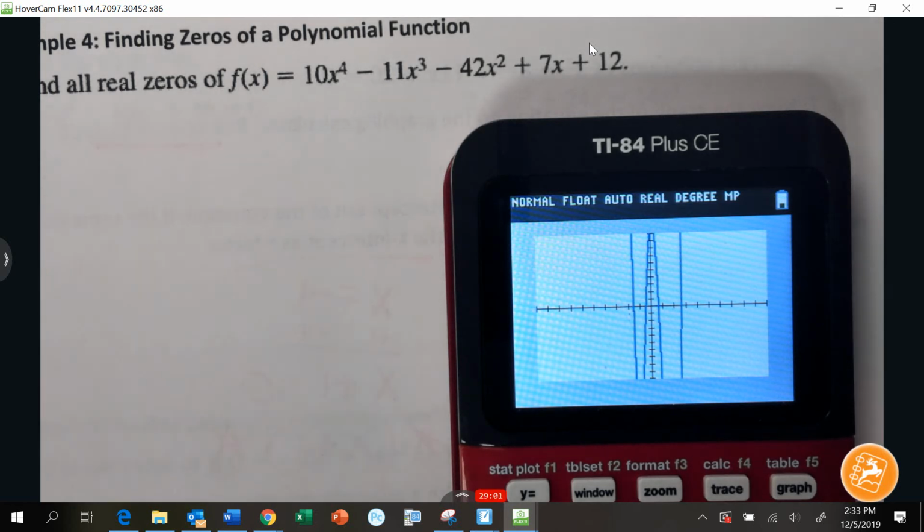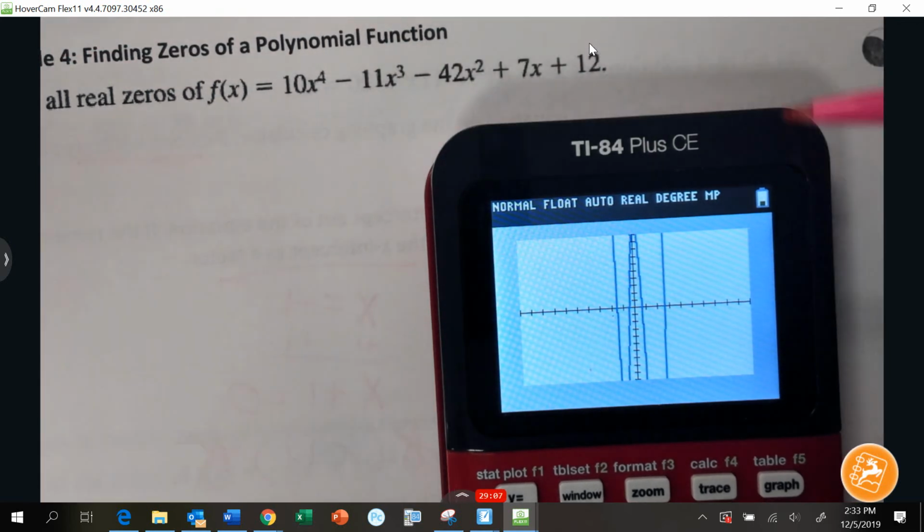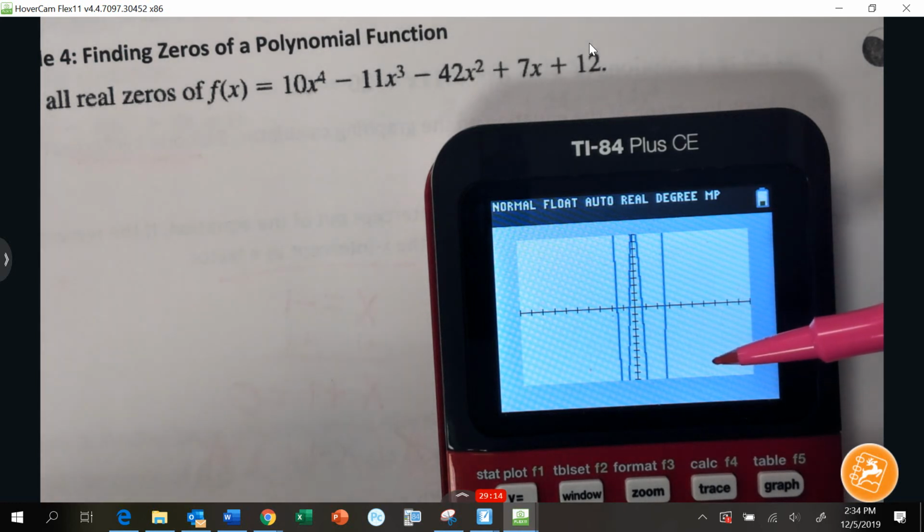Yes. Maybe that's what this one is. I was trying to remember why it's a separate example. Maybe it doesn't have multiplicity. I wonder if this one doesn't have imaginary answers. I wonder if it has irrational answers that you have to use quadratic formula for.